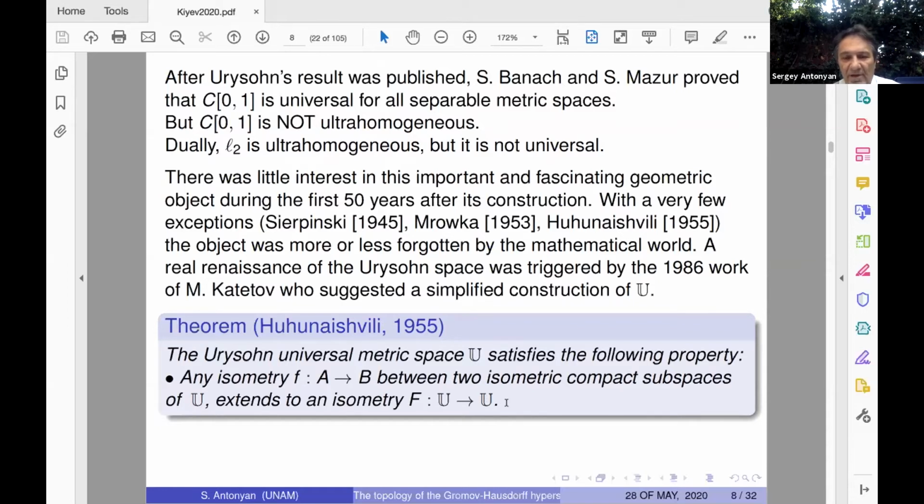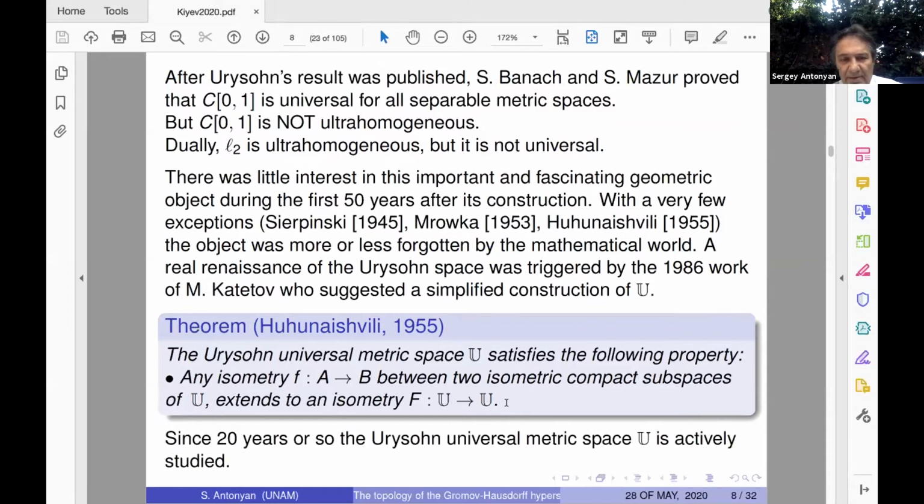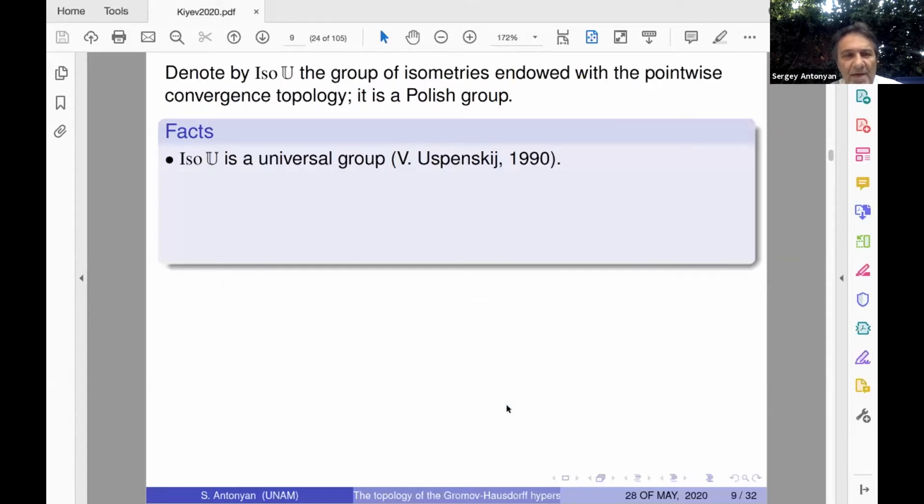This is a very nice result, and it is very workable. For 25 years now, the Urysohn universal metric space has been actively studied. I'm not going to use these results, but let me recall that the topological structure of U is known. It is homeomorphic to the Hilbert space. Homeomorphic, not isomorphic.